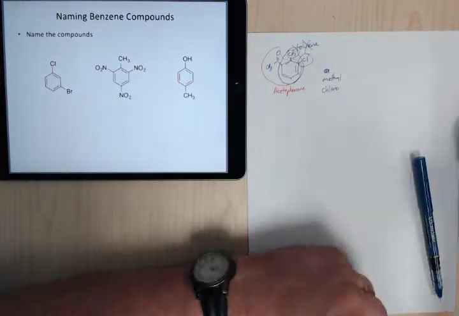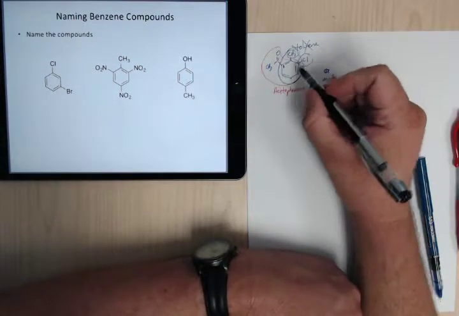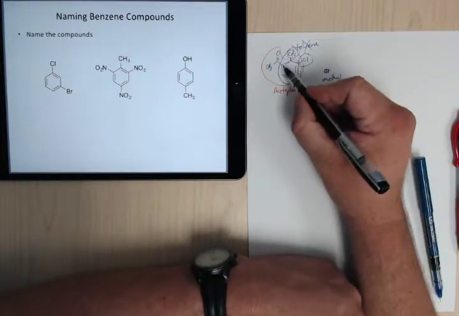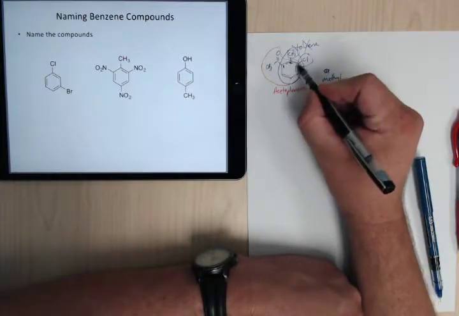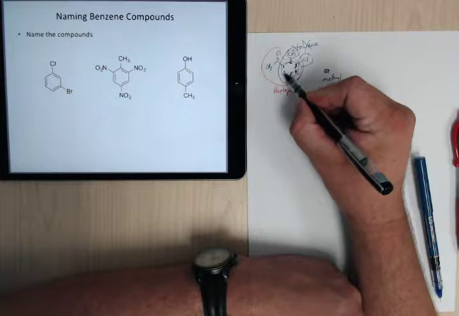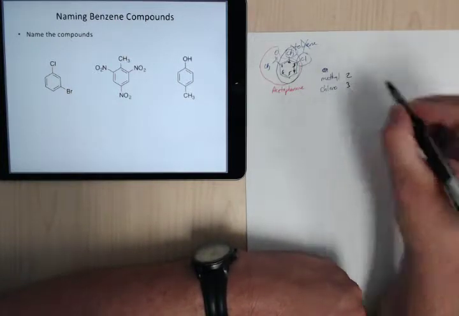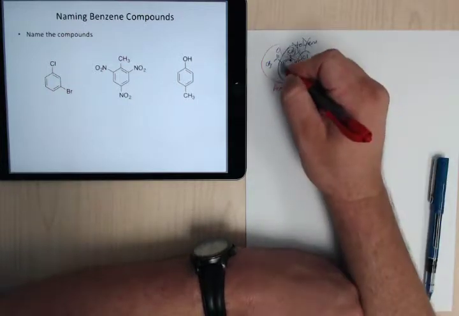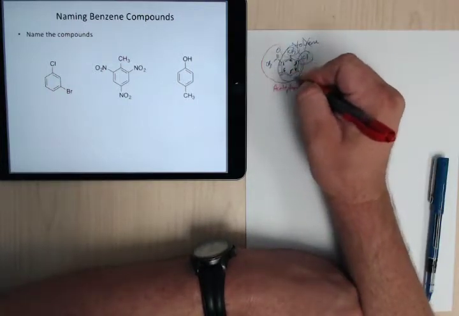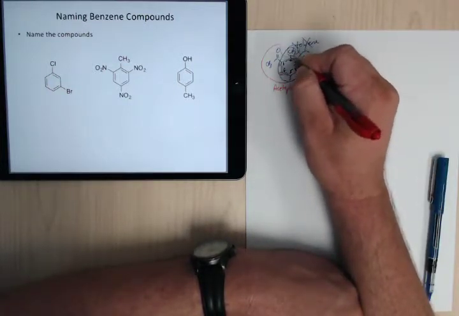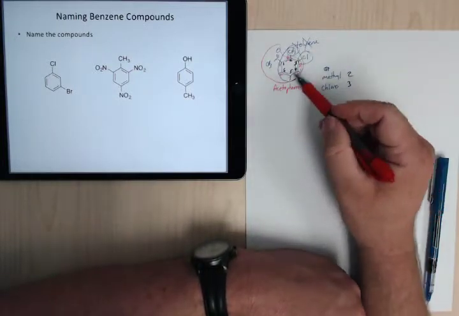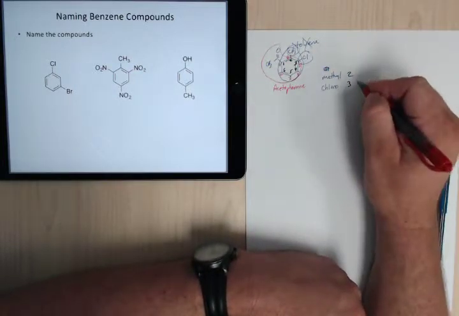So we know that this is number 1, so we've got to go clockwise and counterclockwise. Clockwise would be 1, 2, 3, 4, 5, 6, so the methyl is at 2, chloro is at 3. If instead we went counterclockwise, 1, 2, 3, 4, 5, 6, it ends up being 5, 6.